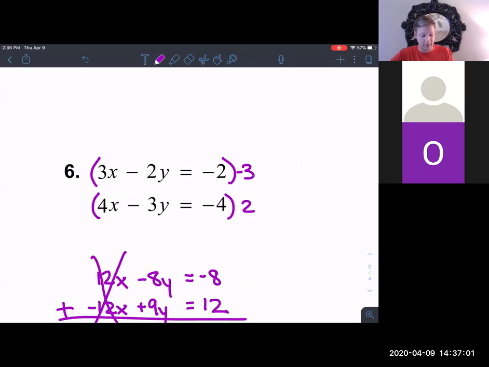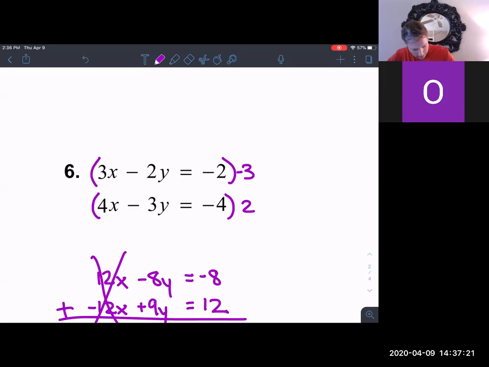Or actually they'd both be positive, but yes, they'd be the same sign. We don't want them to be the same sign. So let me write that over here. That would be -9x plus 6y equals +6. And in the bottom, when we distribute, we get 8x minus 6y equals -8.